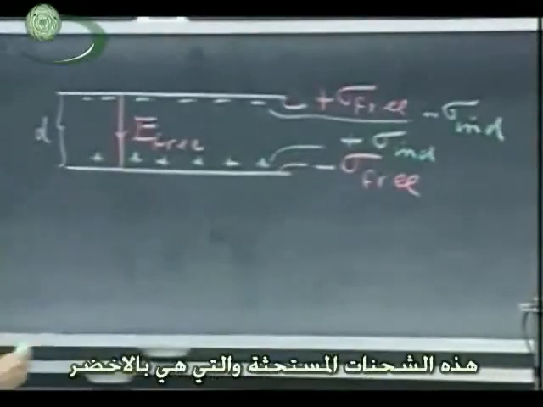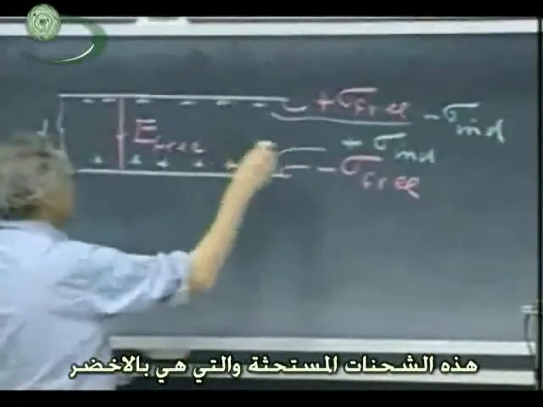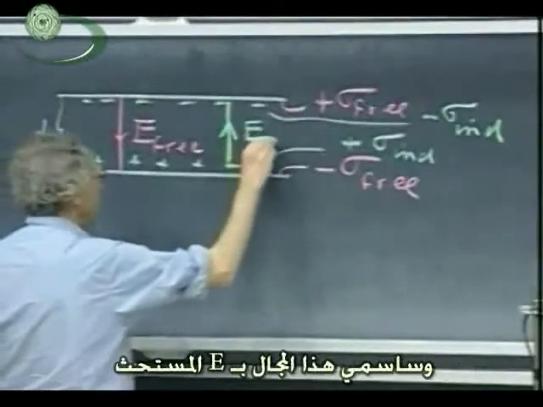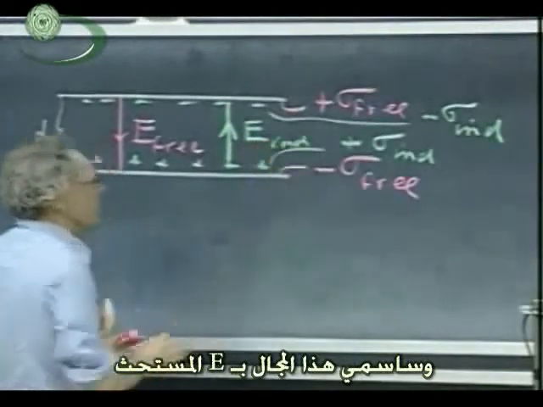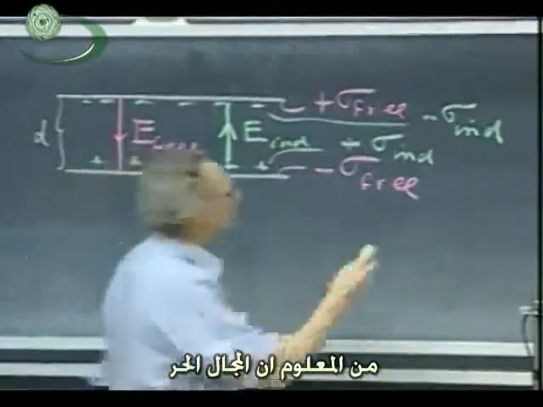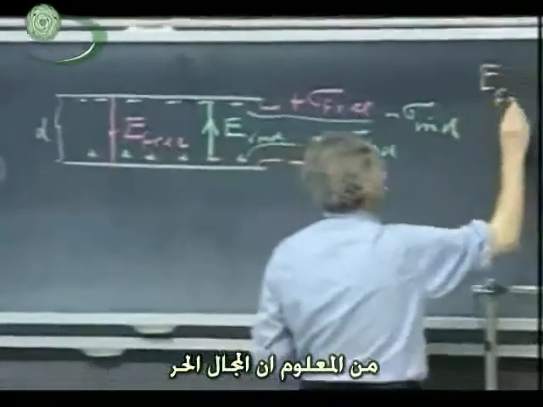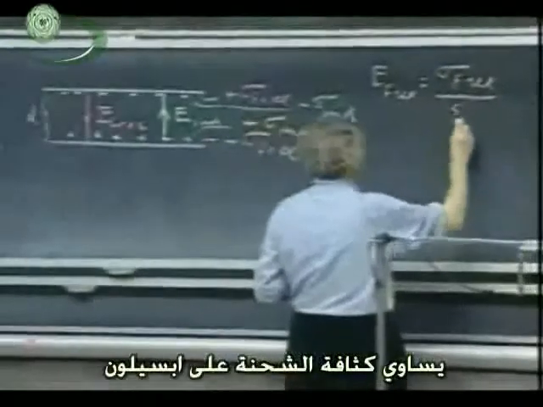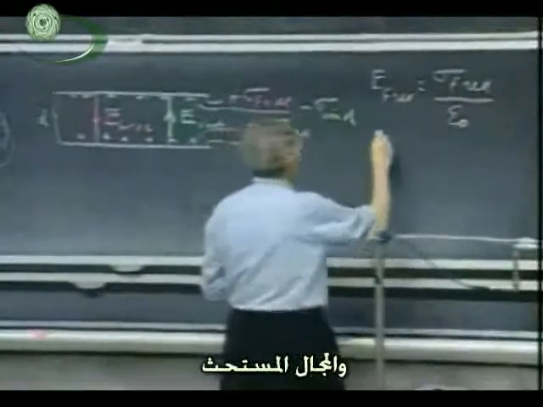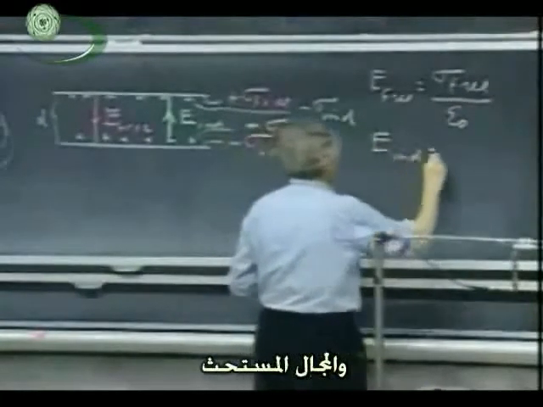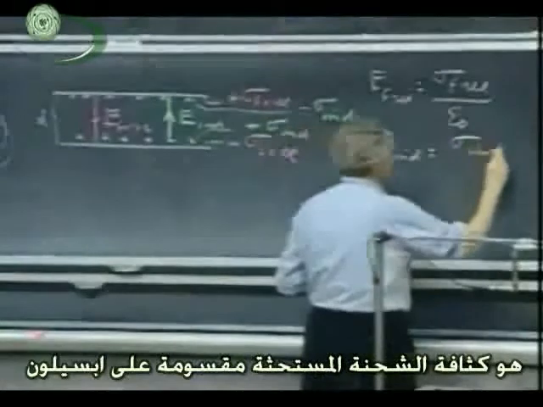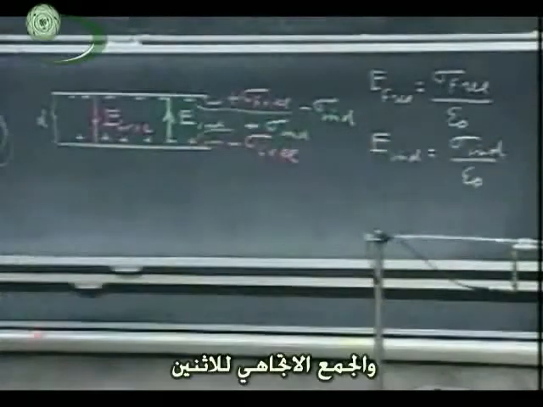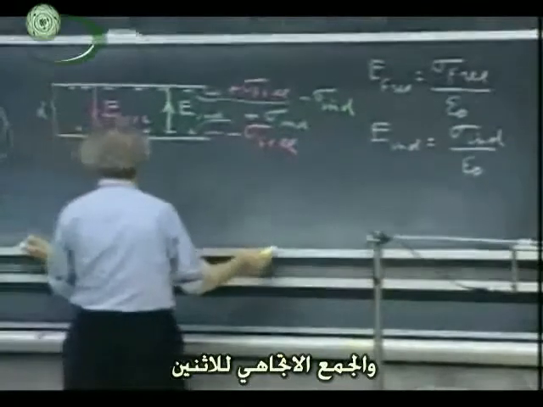The only reason why I call the other free is to distinguish them from the induced charge. This induced charge, which I have in green, will produce an electric field which is in the opposite direction, and I call that E induced. And clearly E free is, of course, the surface charge density divided by epsilon 0, and E induced is the induced surface charge density divided by epsilon 0. And so the net E field is the vectorial sum of the two.